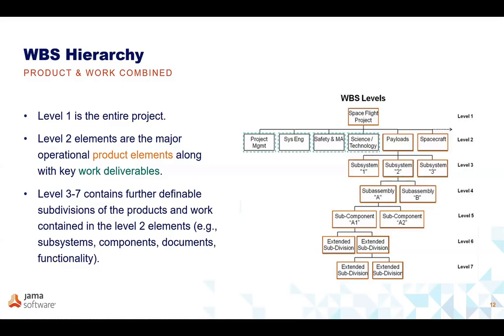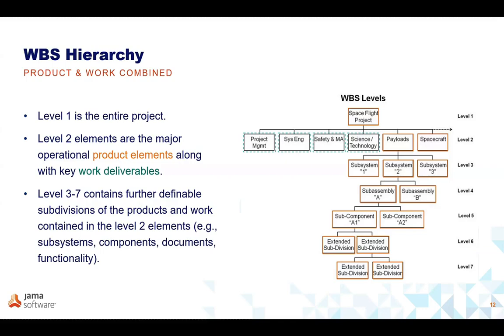Level two, the elements in the WBS are all of the major operational product elements along with the key work deliverables. So if you've got a spaceflight project, the orange side, you have the spacecraft and you have the payloads that's inside the spacecraft, and then you have all of the subsystems of the payloads. That's the product elements. And so the WBS combines those product elements with the work deliverables. The work deliverables are in the dashed lines in the green.